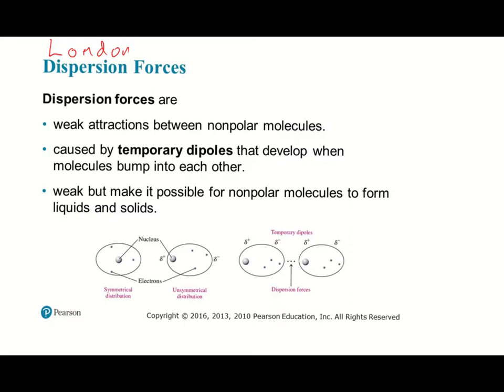That force of attraction is London dispersion forces, otherwise known as induced dipoles or temporary dipoles. To understand what occurs, we have to think about how we view the atom. We view the atom, remember, as a huge electron cloud with a tiny nucleus.